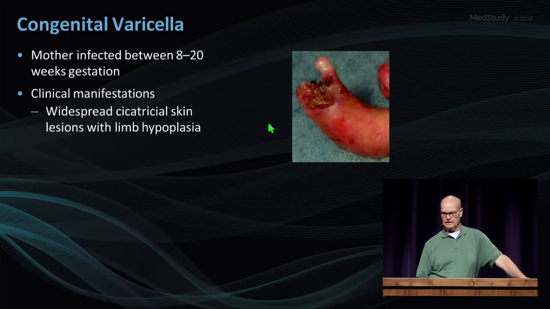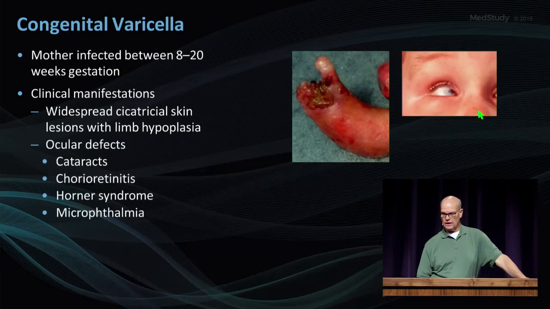In congenital varicella, what perhaps looks like an amniotic band is not, because the limb is also hypoplastic. So hypoplastic limbs, scarring, and microphthalmia are all consistent with congenital varicella. And again, this is the most common other in TORCH infections.